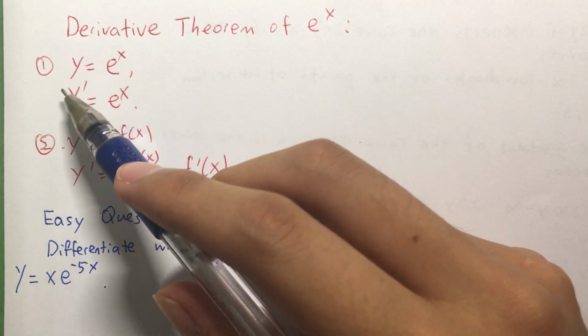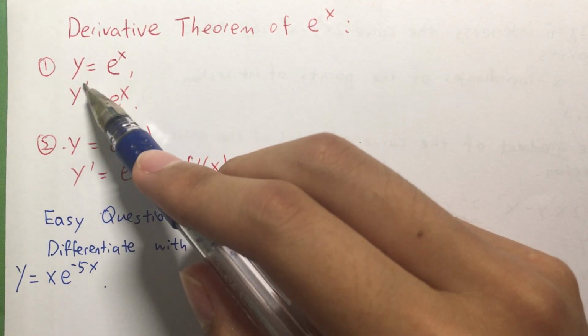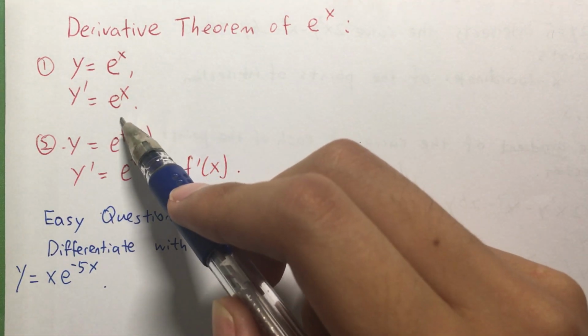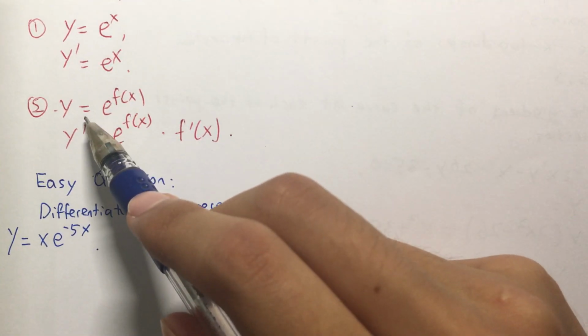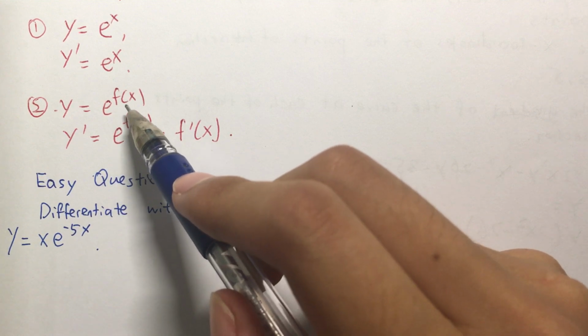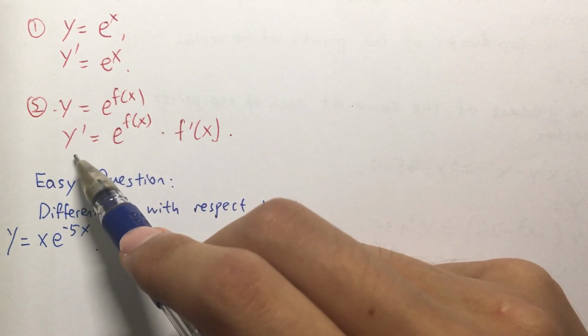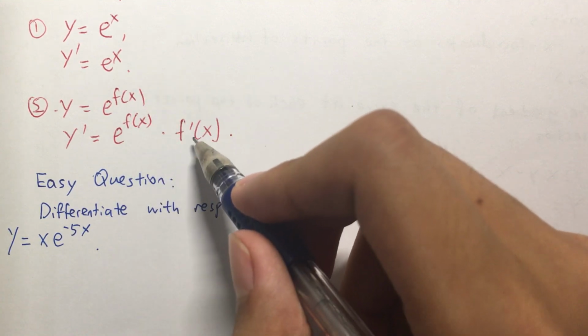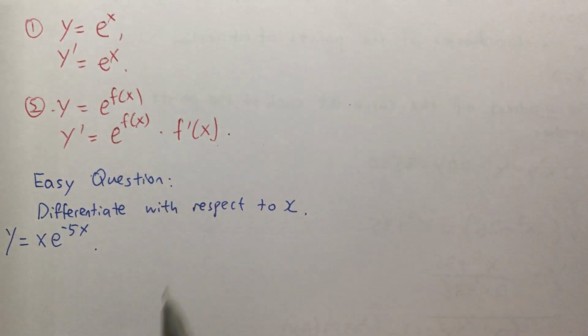The first one is: if y equals e to the power of x, then y dash equals the same. The second one is: if y equals e to the power of f(x), then y dash is equal to e to the power of f(x) times f dash x.